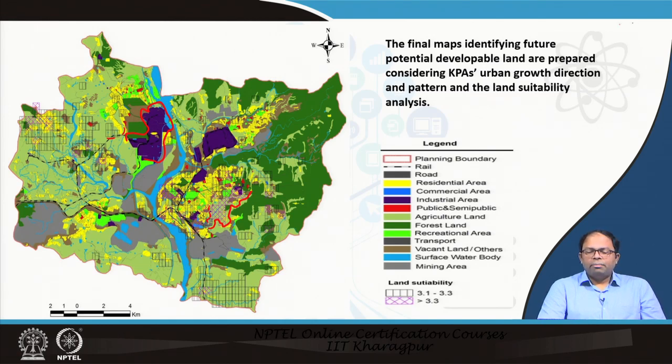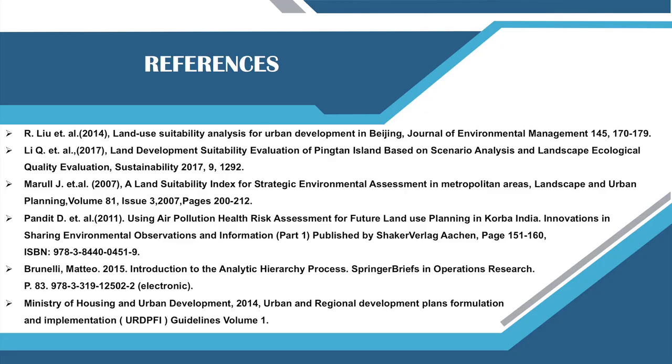So, this is the final map identifying future potential developable land, considering urban growth direction and pattern, and land suitability analysis both. That means we didn't only look into land suitability analysis, but in this map we have also considered the existing urban growth direction and pattern, which we have studied in the last lecture, and combining both we have prepared this final proposed land use map.